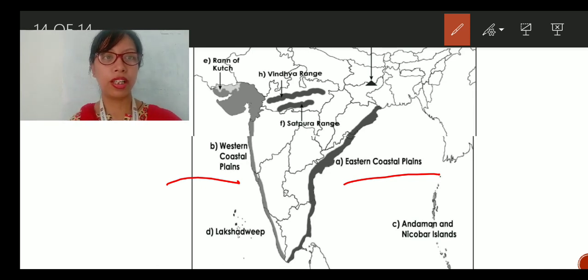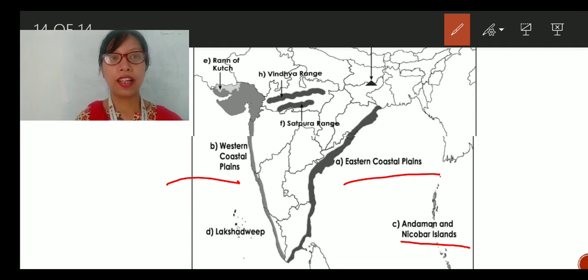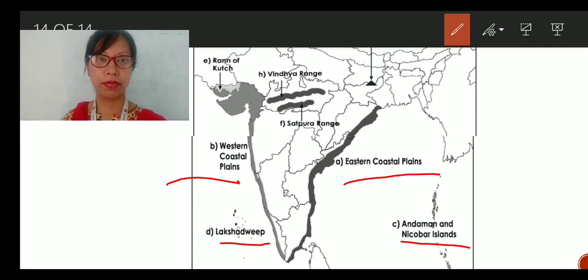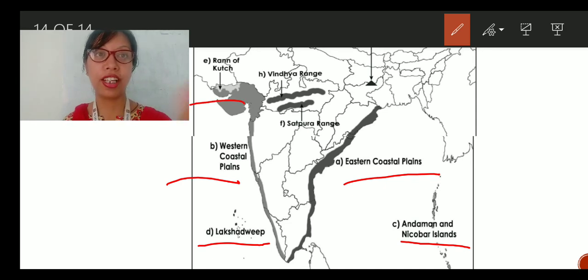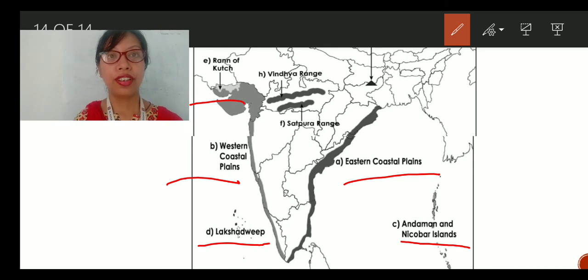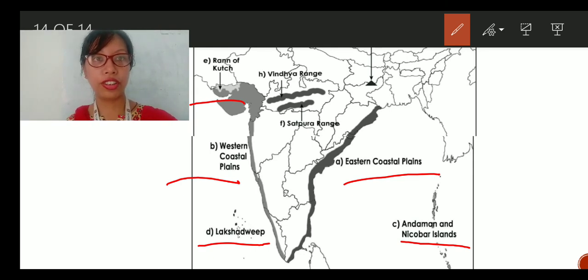Then we have Andaman and Nicobar Islands, which is below the map of India. Then we have Lakshadweep in the west part. Then we have Rann of Kutch, which is in Gujarat, right? Then we have Vindhya Range here.